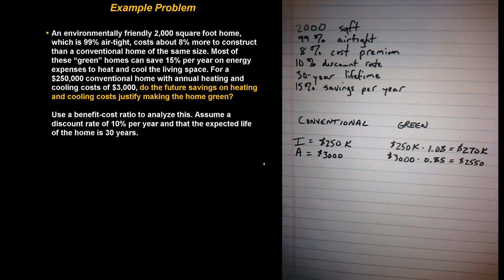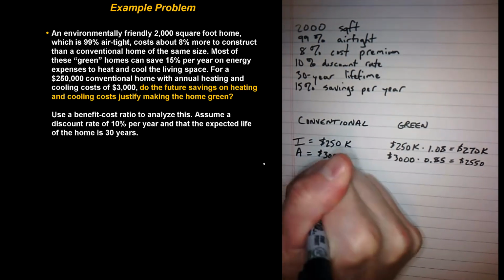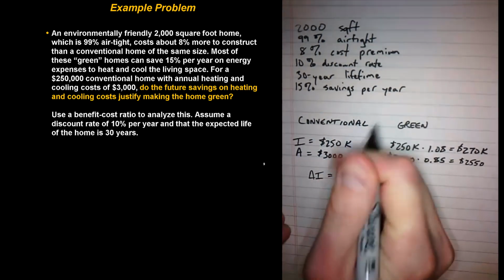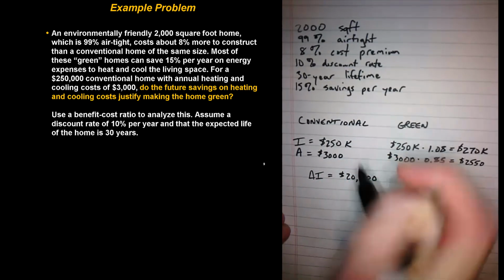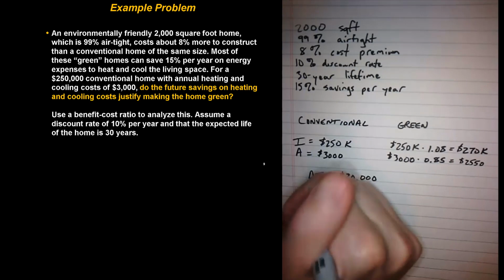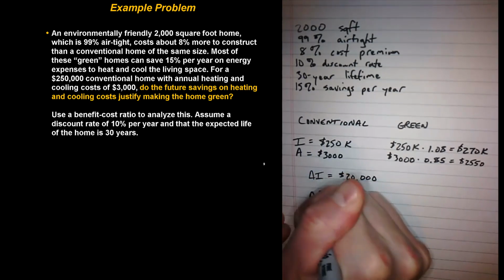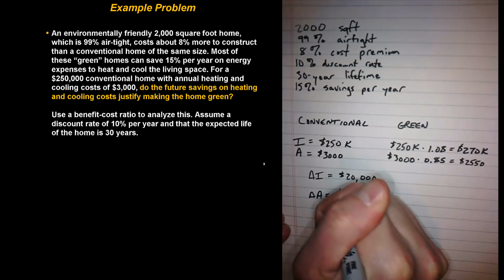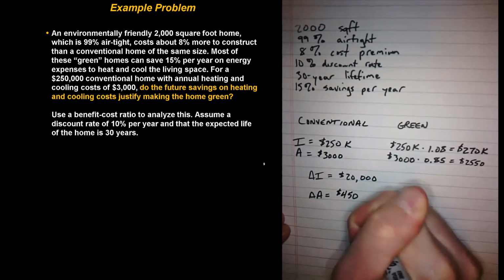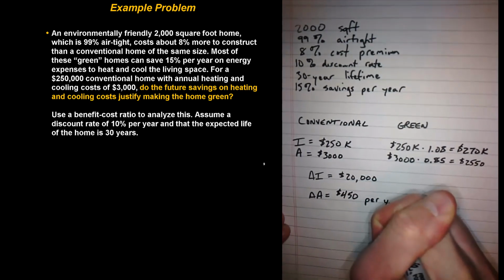So our delta in the initial investment is 20,000, and the delta in our annual cooling and heating expenses is 450 per year.